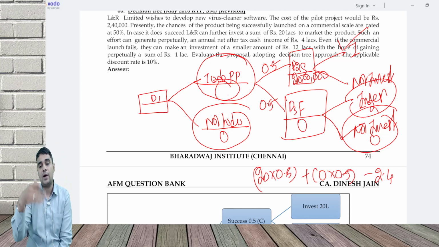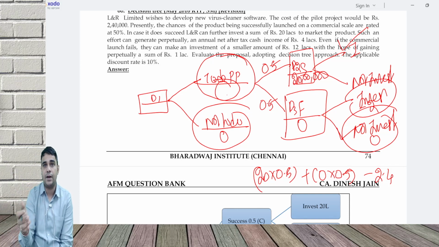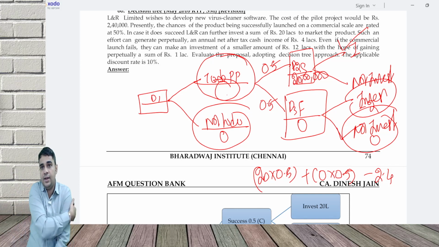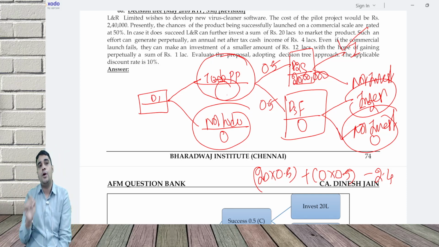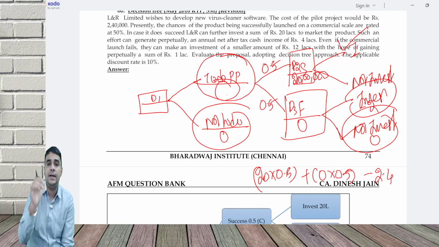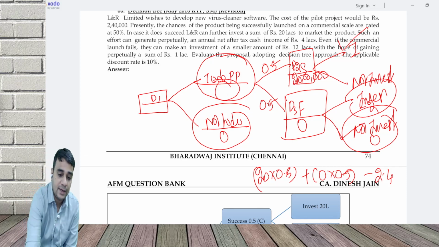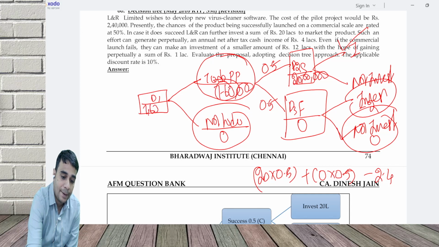You can subtract 2 lakh 40 at both the stages, in success and failure, or in the end you subtract. 20 lakh into 0.5, 0 into 0.5 minus 2.4. If you subtract 2.4 at D2 it becomes 17.6, and at D3 it becomes minus 2.4. So net I get 7 lakh 60.